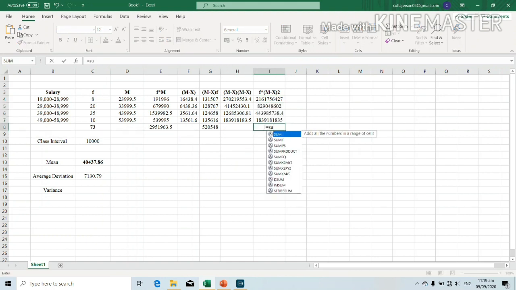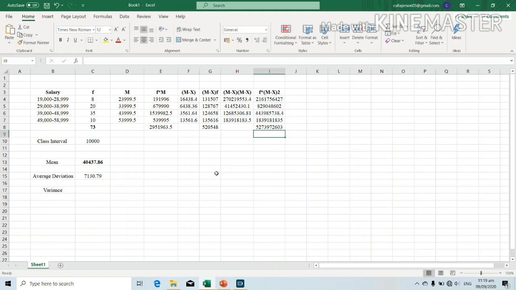Kunin natin yung sum. Then, para makuha si variance, equal to, ito, i-divide natin sa 73. Yan yung ating variance.